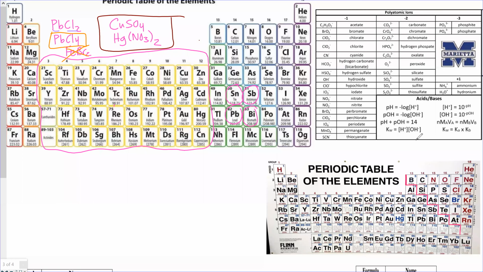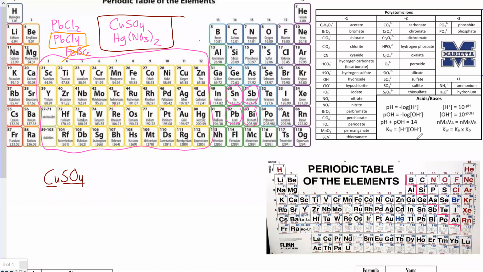So we had copper sulfate. I'm going to write this again so you can see exactly how I would do it. You had CuSO4. It looks like there's just one of each, one copper, one SO4. Because I see there's more than 2 elements, this one must be a polyatomic.